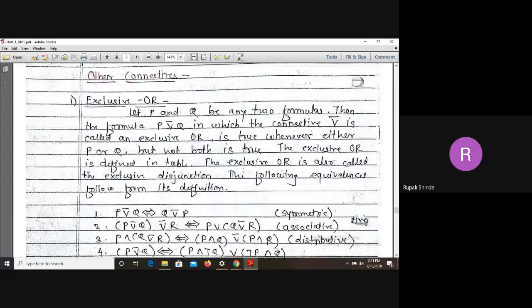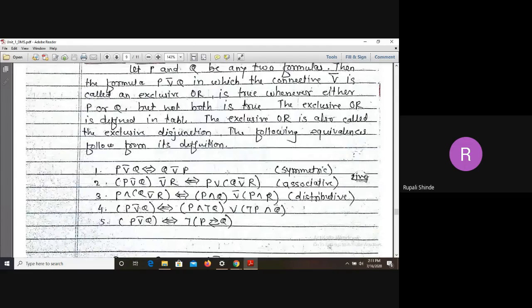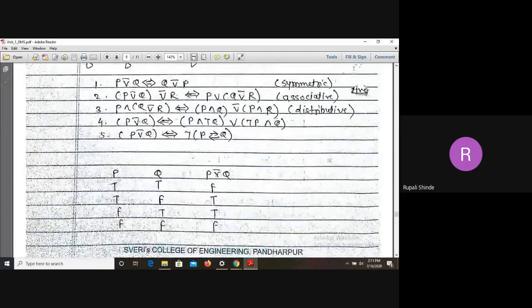Means, how can we find the truth table for this? If both P and Q have identical values, then the final value is F. If both have different values like TF or FT, then the final value is T. That's why the truth table for this exclusive or for these combinations of P and Q is FTTF.